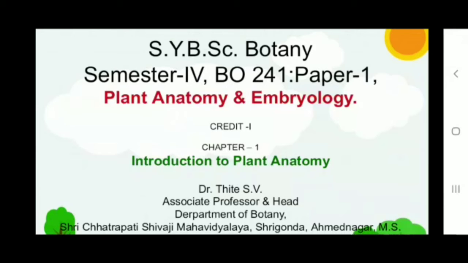Okay. Theophrastus, 371 to 285 BC, coined the terms xylem and phloem. He is called the founder of plant anatomy. Then Robert Hooke, in 1668, observed bottle cork under a microscope and noted the cellular nature of plants.